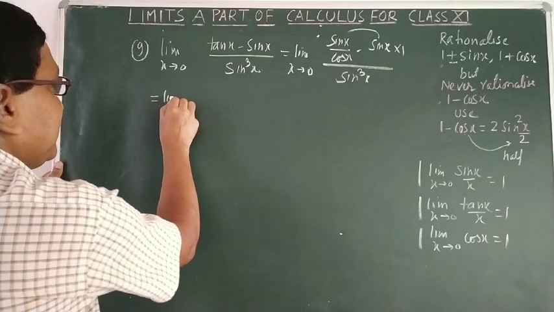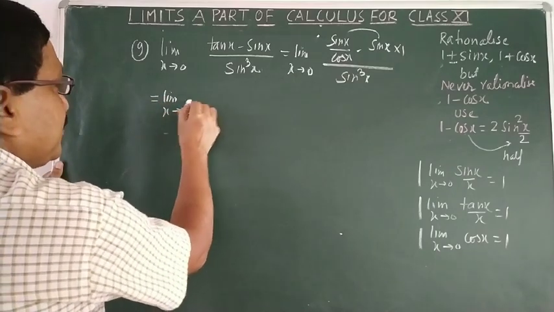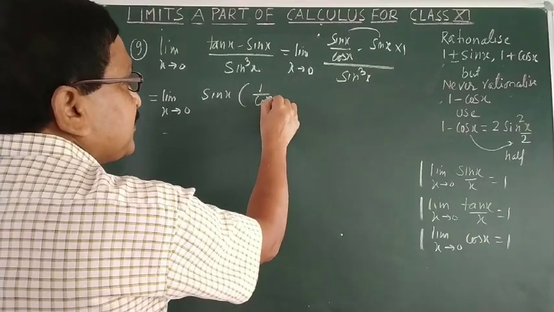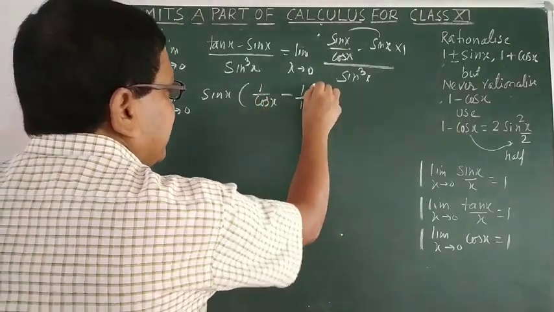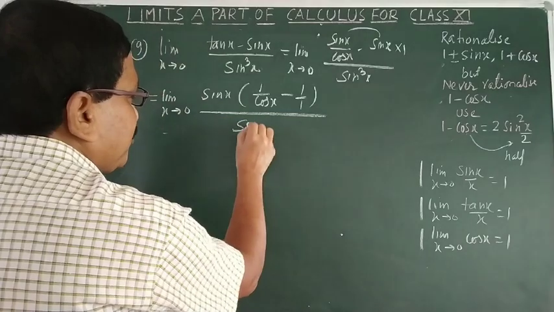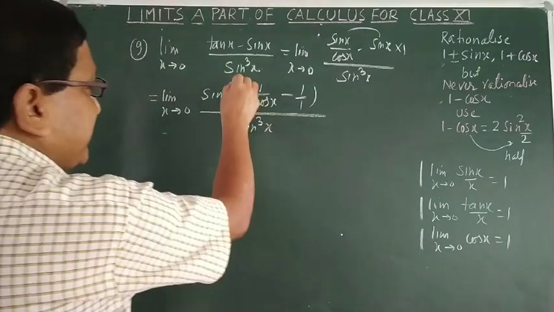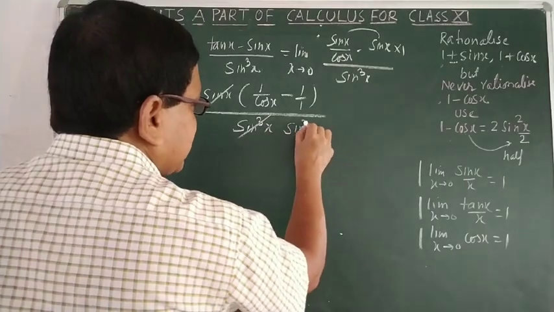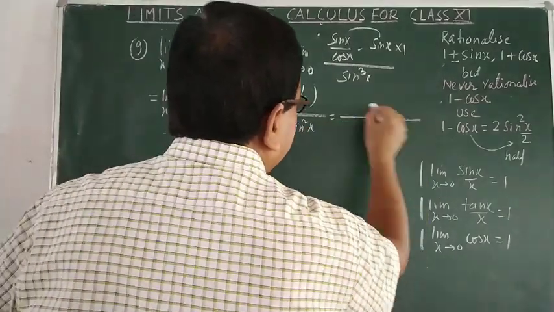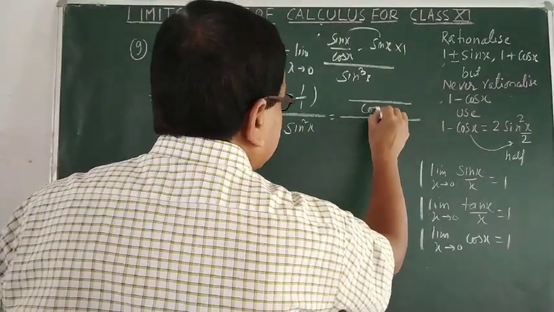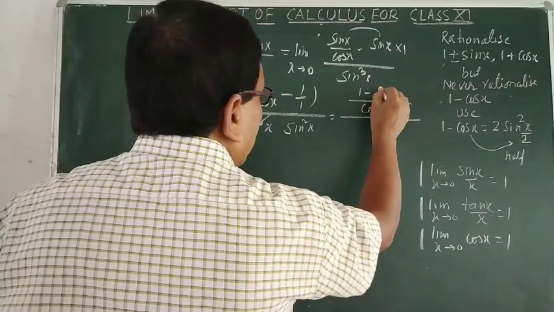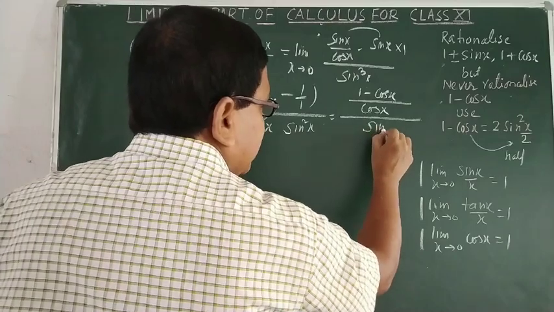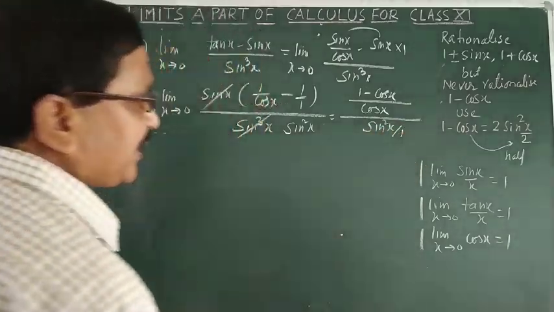So limit x tends to 0, sin x into (1 by cos x minus 1 by 1), and this is sin cube x. Now immediately sin x will cancel, sin cube x by sin x leaves sin square x. Now take LCM. LCM is cos x, (1 minus cos x) by sin square x. You can write sin square x by 1.